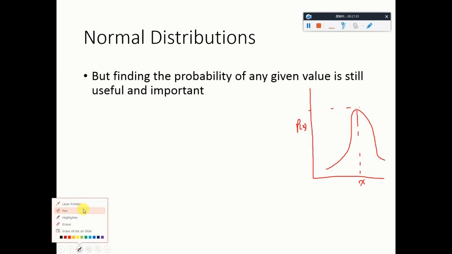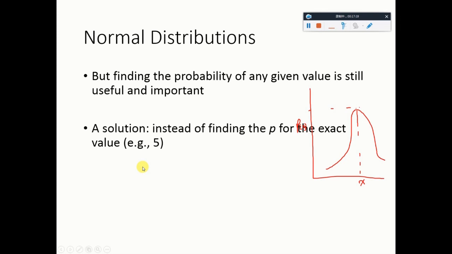But then you may ask, well, what should we be looking for? Given that it is very difficult to obtain exactly 5 or an exact value, it can be anything. It can be 4, it can be 3.